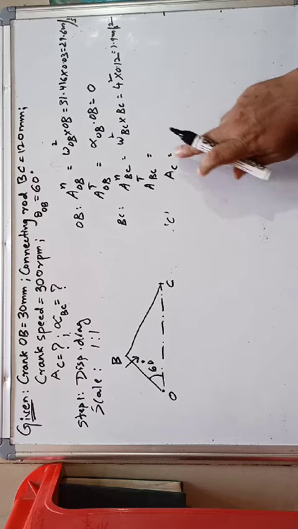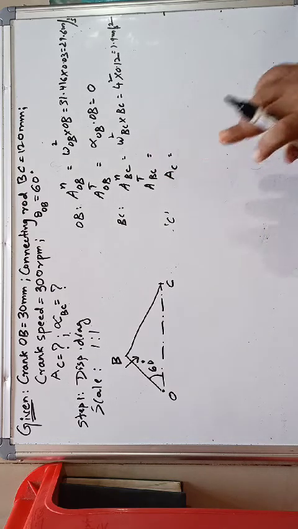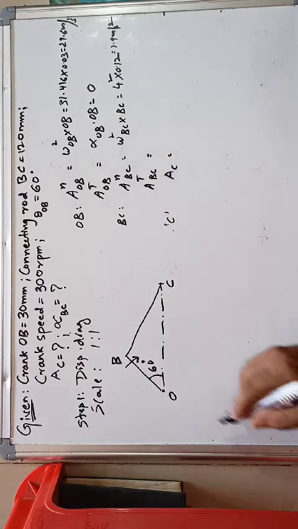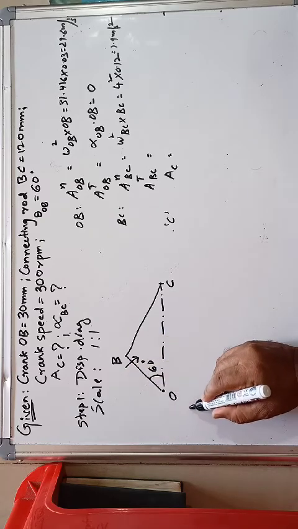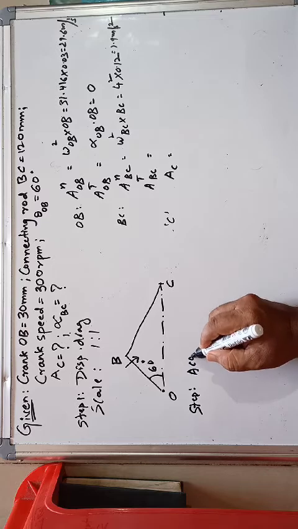And similarly, from the acceleration polygon, we are also going to find the acceleration of the slider. Now, how to start? In the second step, I am going to consider the acceleration polygon.